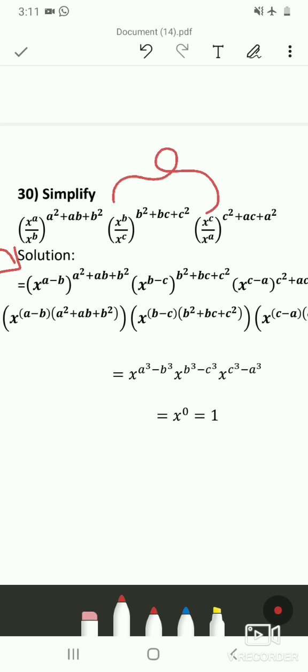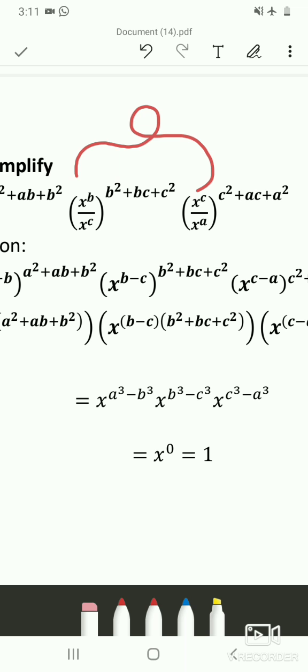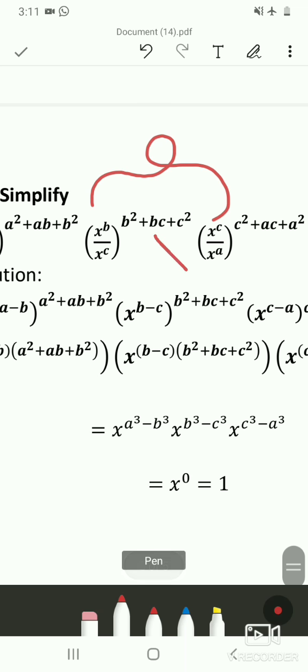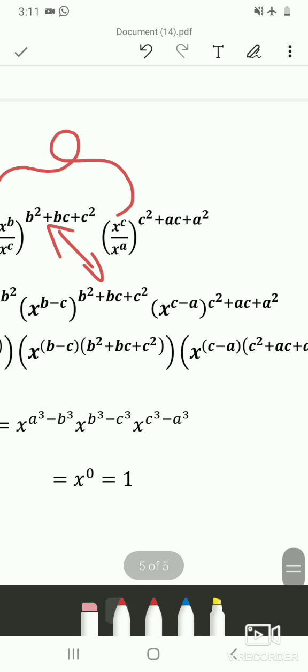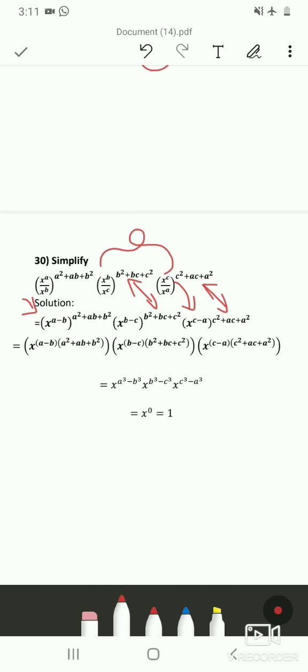Similarly for the remaining two terms we are writing it as x raised to b minus c. So this term is as it is, and again in this step we are using the second law, so that is x raised to c minus a and whole raised to the power term is as it is.